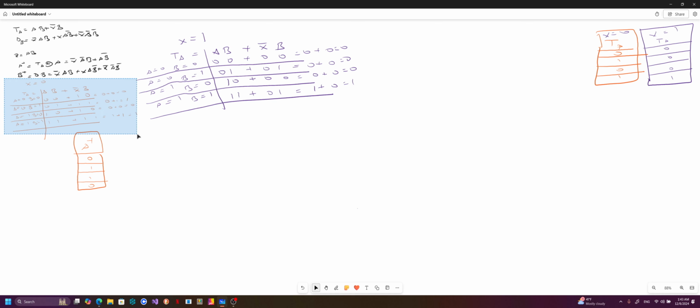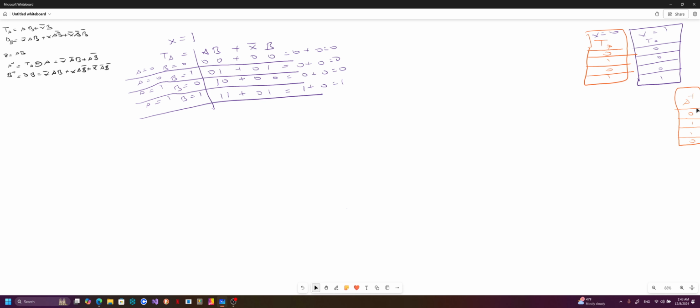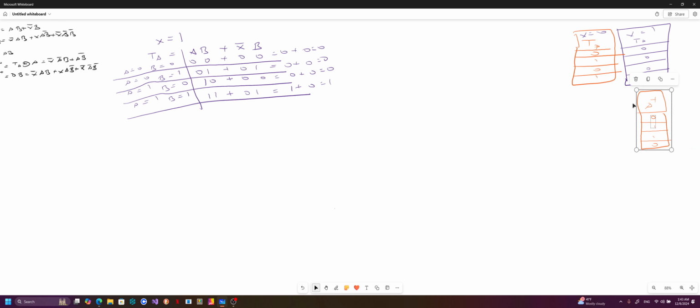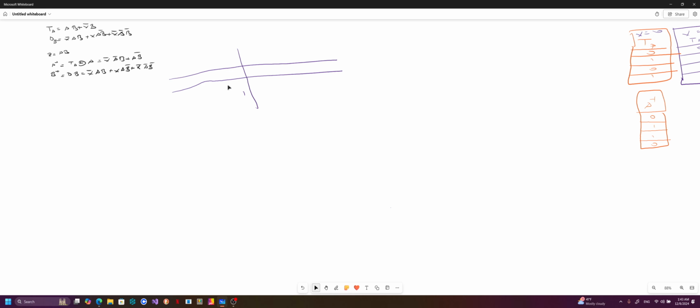You don't need this because we solved it. You don't need this too. Let's just delete this A plus table. We are gonna take this to here, when x is equals to 0, and let's delete this too. Okay.